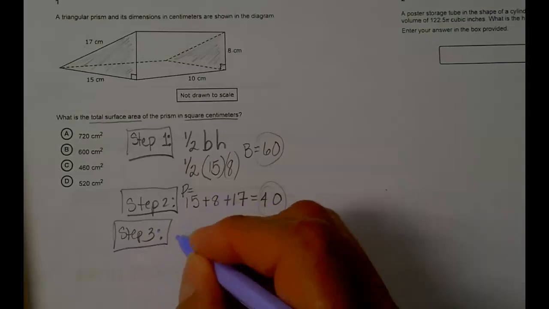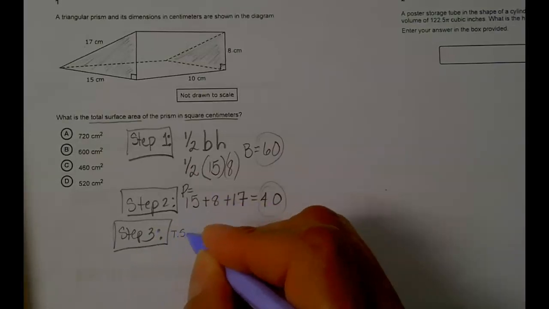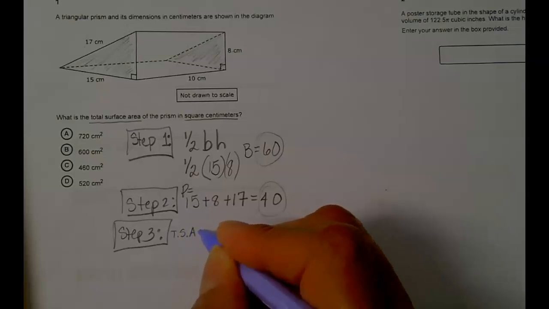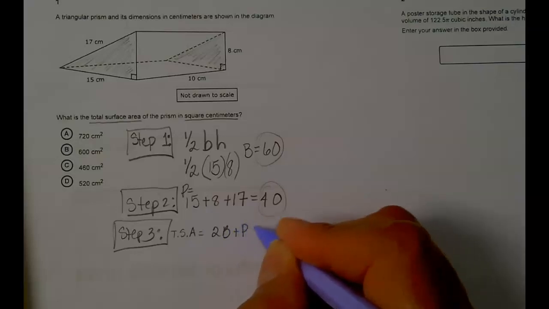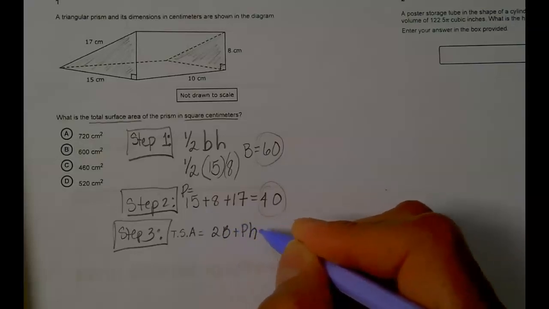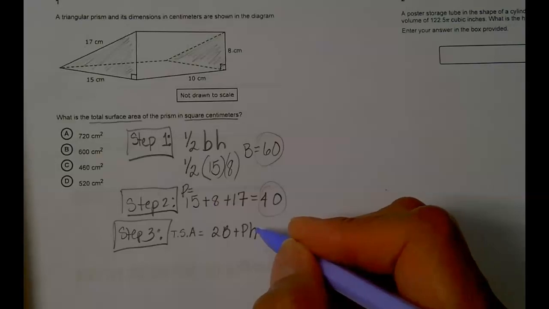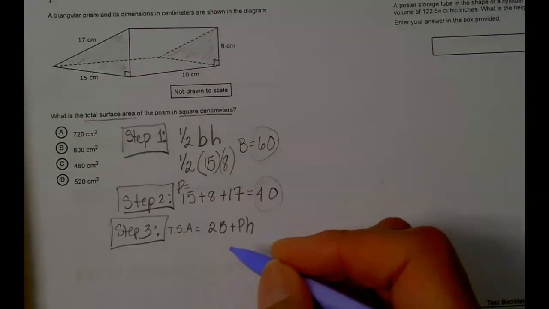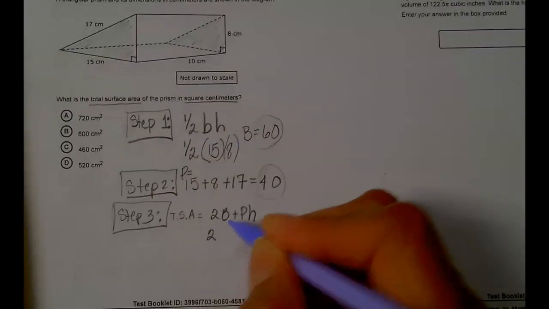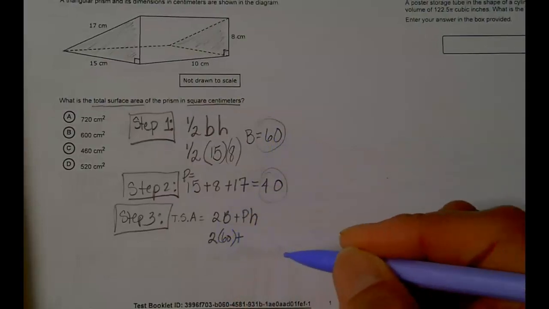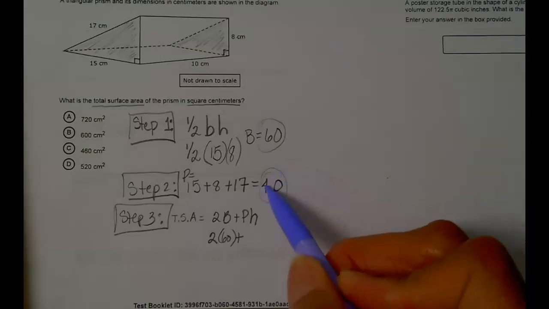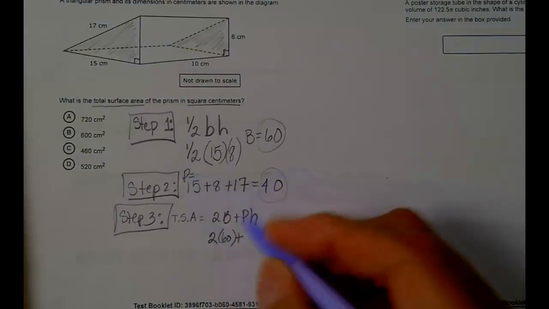And step 3 is looking at the total surface area. That's 2 times the big B plus the perimeter times the entire height of the triangular prism. So then we plug in our answers: big B is 60, and the perimeter is 40.